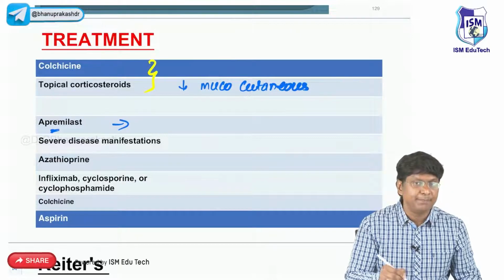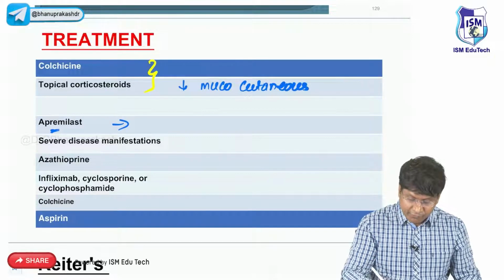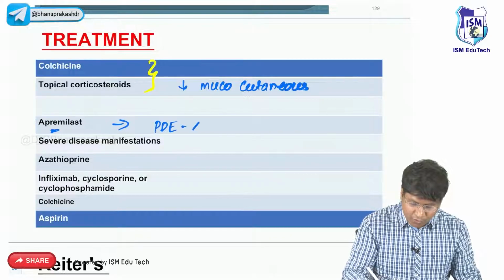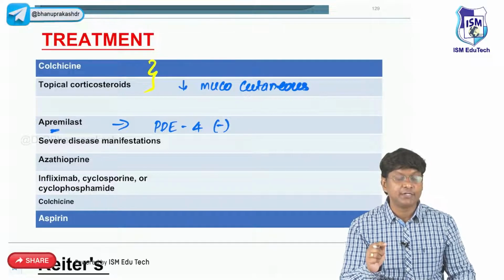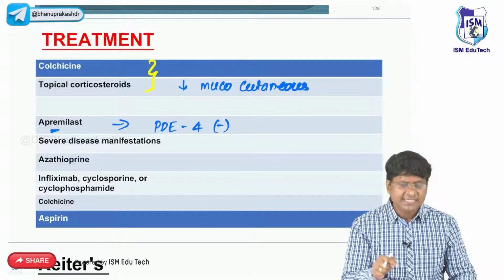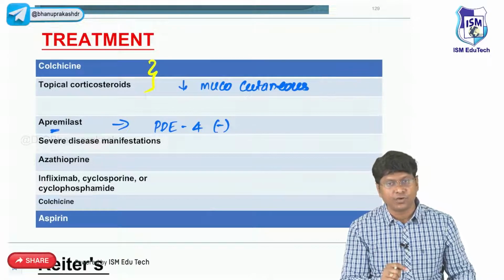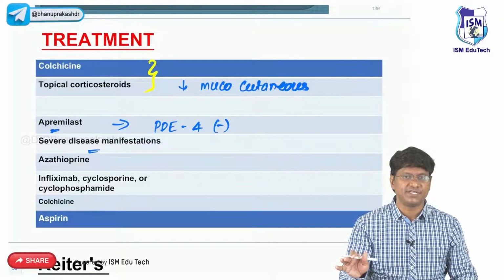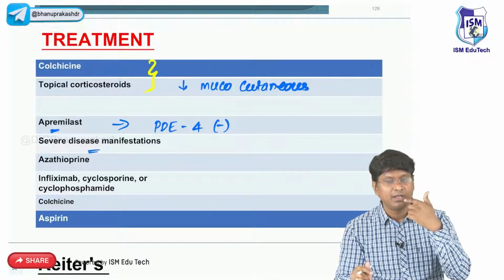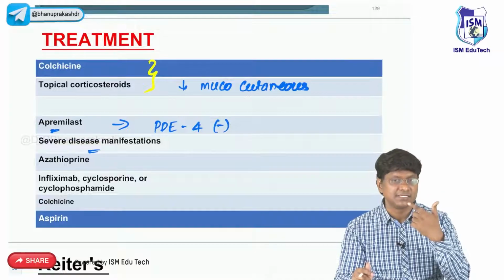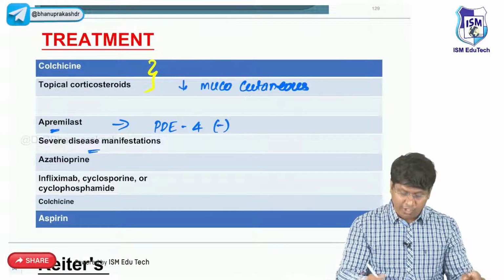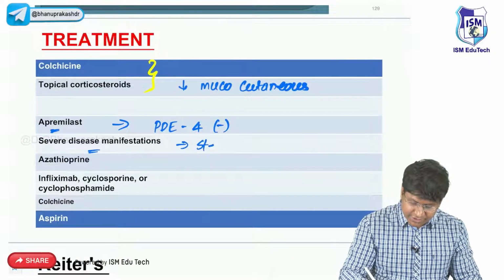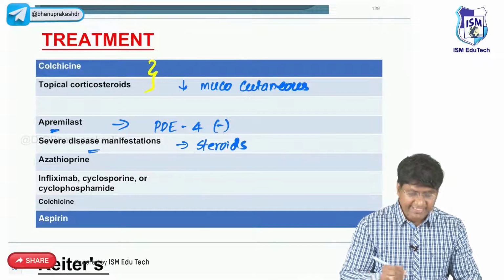What exactly is apremilast? It is a selective phosphodiesterase 4 inhibitor. It is an FDA approved drug for the treatment of oral ulcers in Behcet's. Okay, and when there is severe disease manifestation, that means along with the oral stomatitis and recurrent aphthous ulcers, if there is multi-system involvement, then we give steroids.